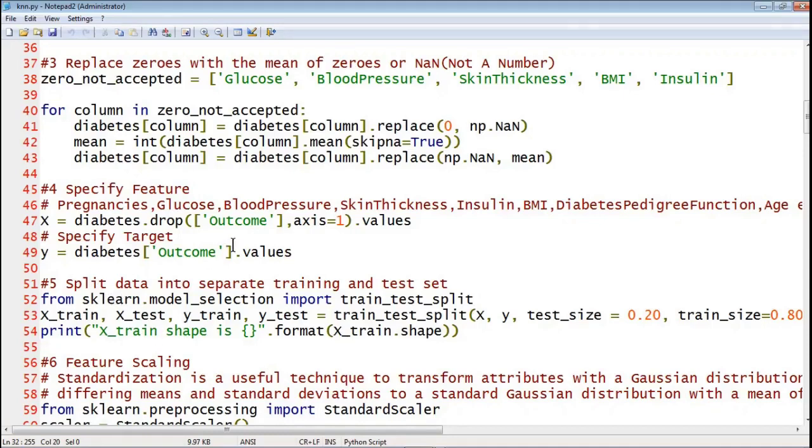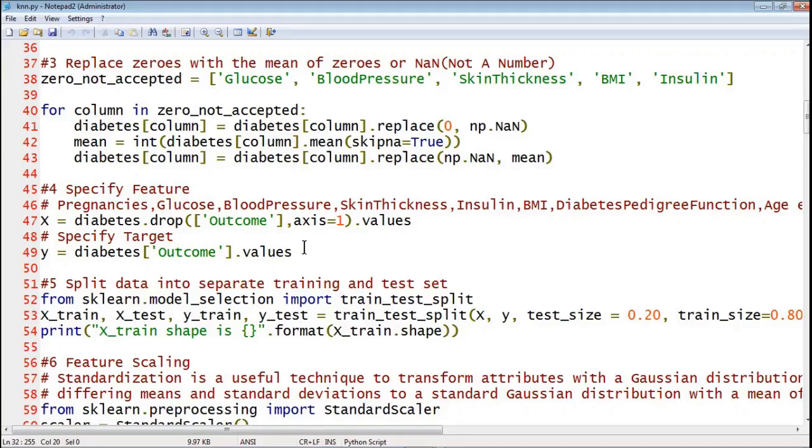At line number 47, it selects the following features for independent variable x, namely the number of pregnancies, glucose, blood pressure, skin thickness, insulin, BMI, diabetes pedigree function, and age.